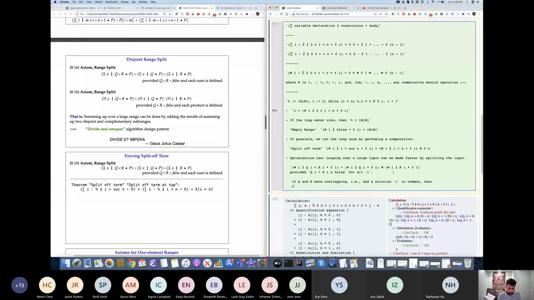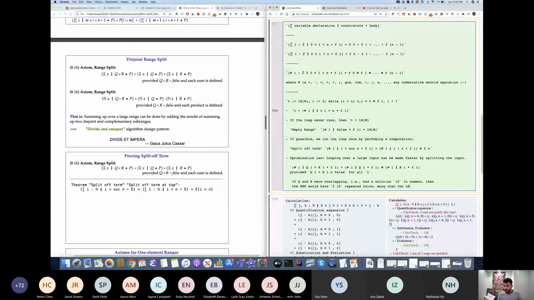Then the right hand side would have f of I repeated twice, more than the left hand side.